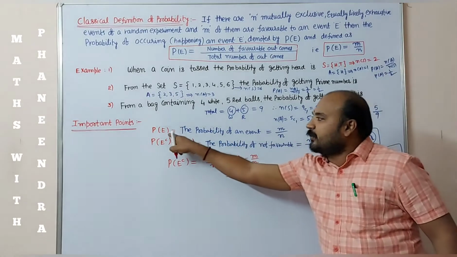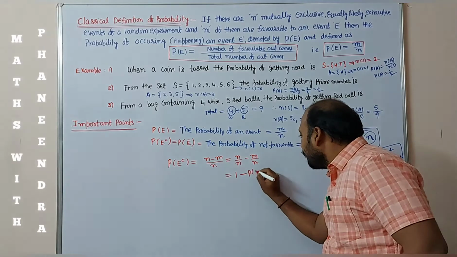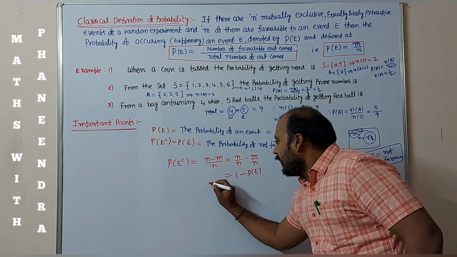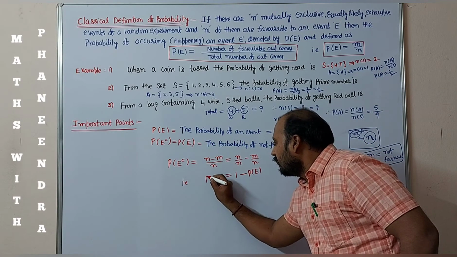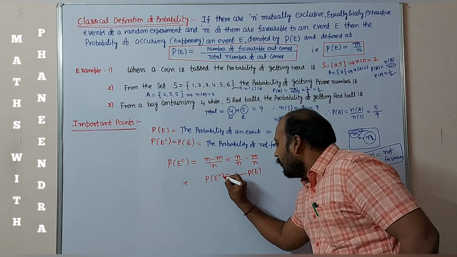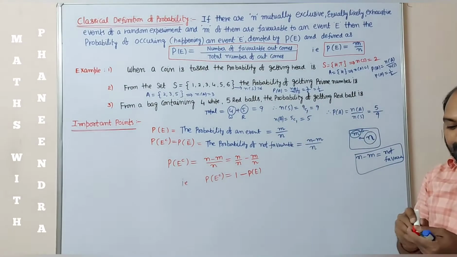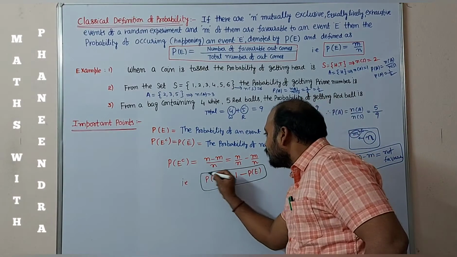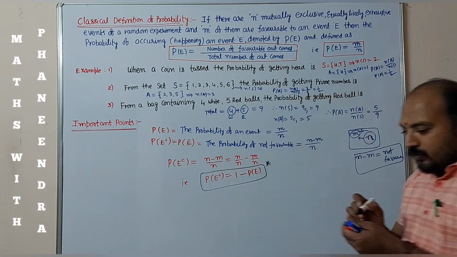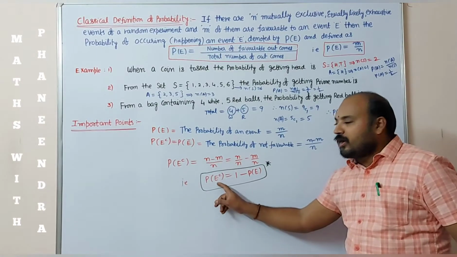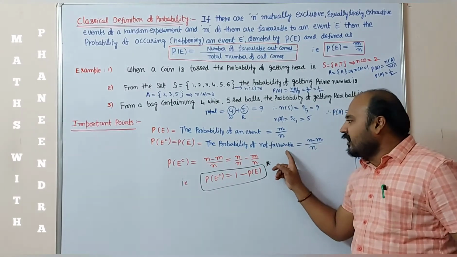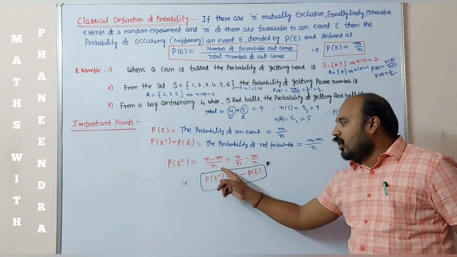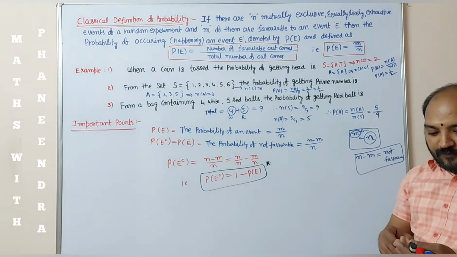M by n means P of E. So P of E complement is equal to 1 minus P of E. This is a very important result, dear students. Probability of not happening or not favorable: P of E complement equals 1 minus P of E.